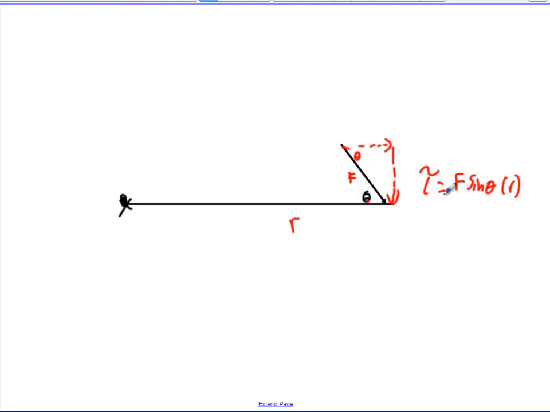Now it does work, but the traditional method of doing this is actually to extend your force vector back so that you can draw a perpendicular lever arm from your axis of rotation. So if I extend my force back, then I'm going to go ahead and draw my lever arm from my axis of rotation until it's perpendicular to that force, which looks to be about there.